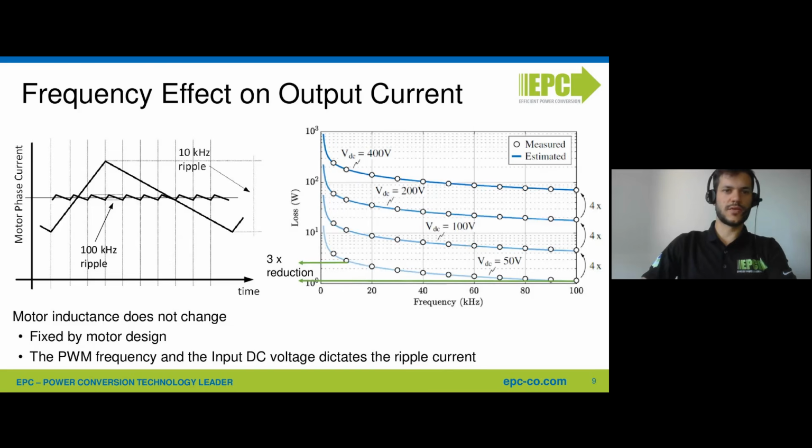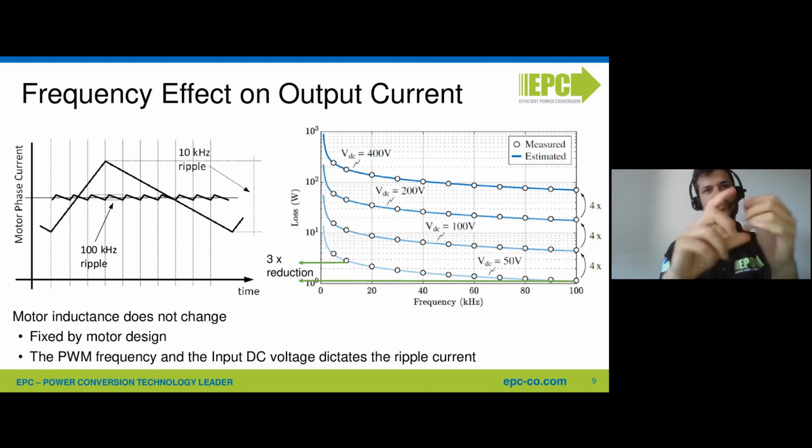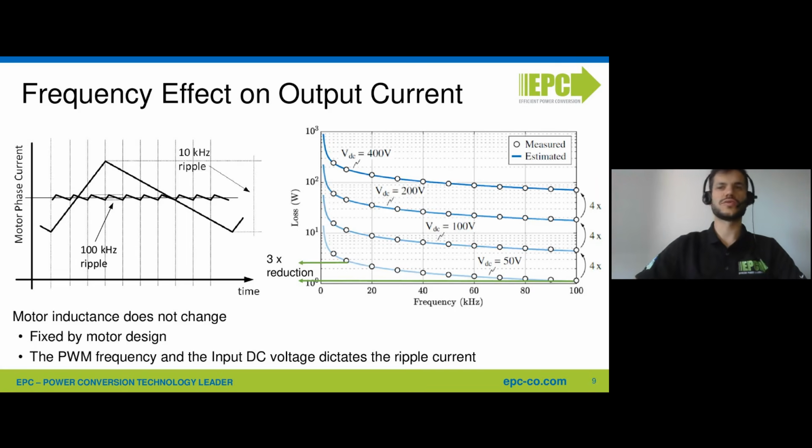So let's go a little deeper into the PWM frequency increase. On the left, you can see a graph showing the difference between having a 10 kilohertz ripple versus a 100 kilohertz ripple. If we see a sinusoidal excitation that goes to a motor as a sum of the fundamental frequency and the ripple frequency, the ripple frequency is contributing to joule losses, to ohmic losses, but it's not contributing to developing torque.